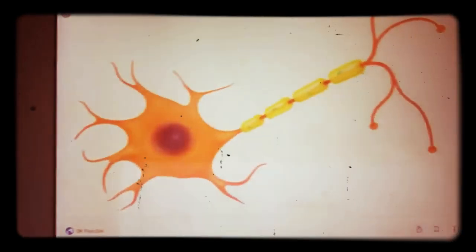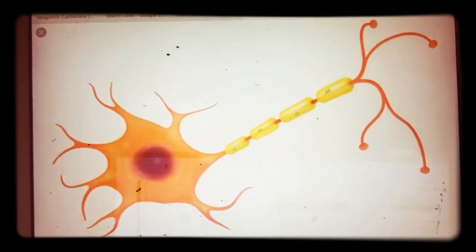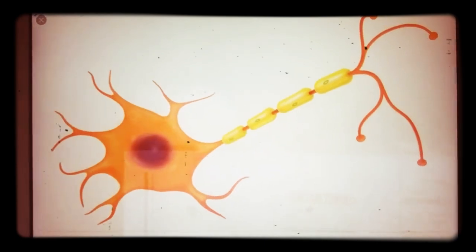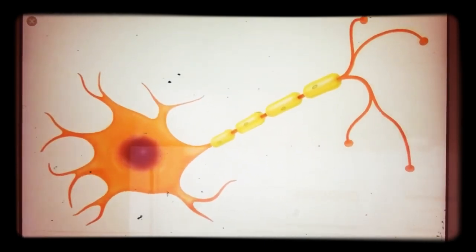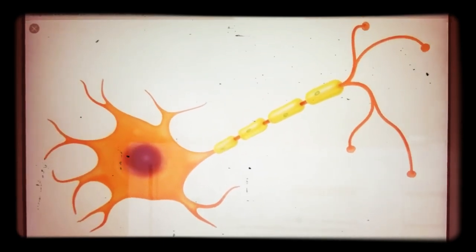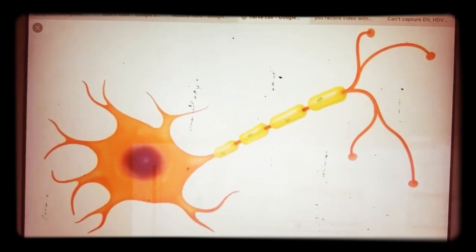In fact, I'll just leave it there. Now the nerve cell is basically your telephone line. If you were to liken it to anything in the real world, it's like a telephone line. It sends messages all over your body, a bit like telephone lines sending messages, you're able to phone one end of the country to the other.